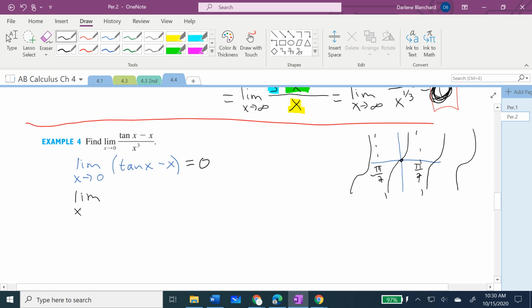Then limit as x approaches 0 of x cubed. I plug 0 in, I get 0 out. This says, you may L'Hopital. And here we go. Limit as x approaches 0 of tan x minus x over x cubed is equal to, I'm going to have to erase my tangent graph.